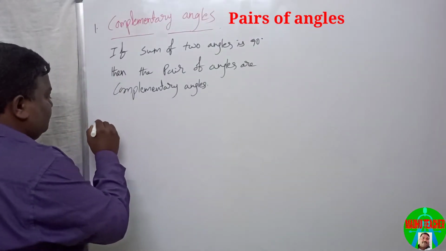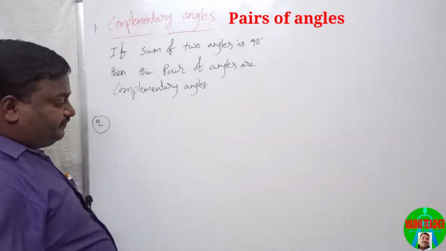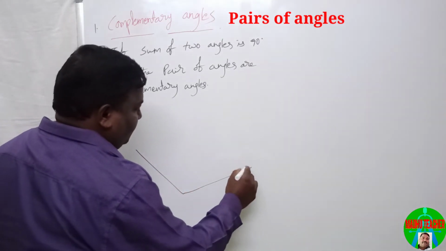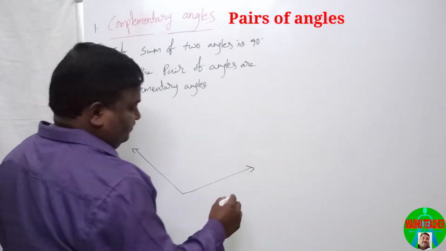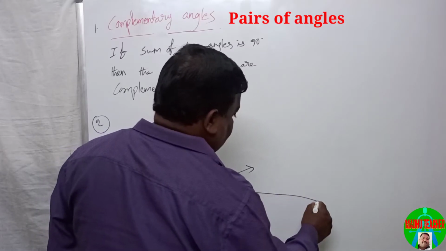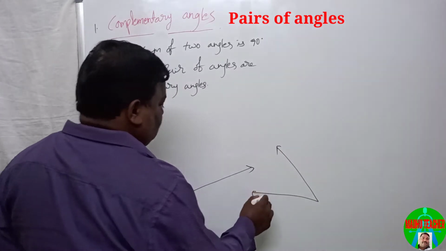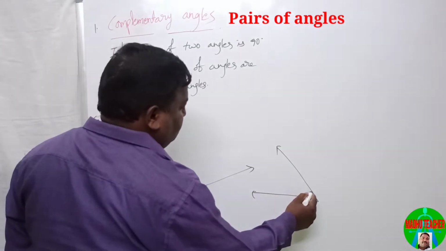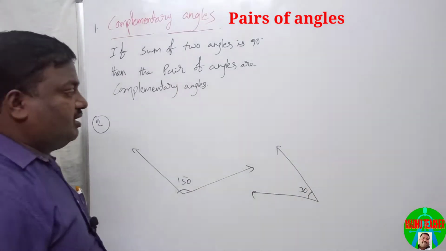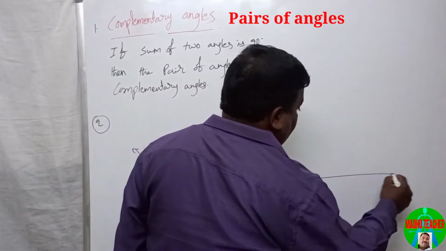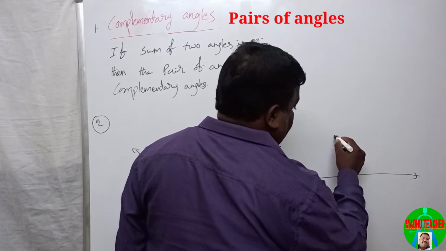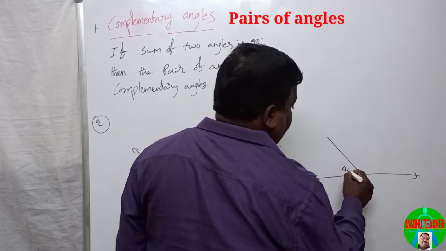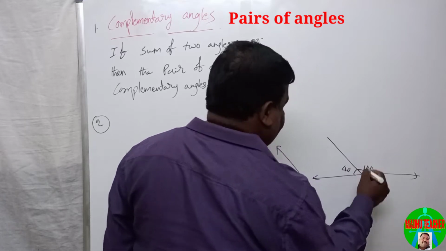So next one is, suppose I have a pair of angles, 150 and 30. And I have one more, 40 and 140.